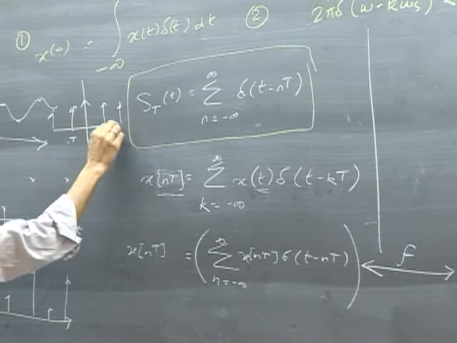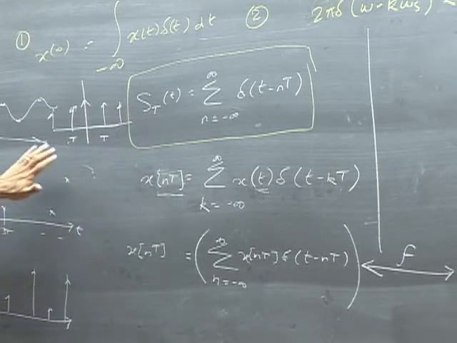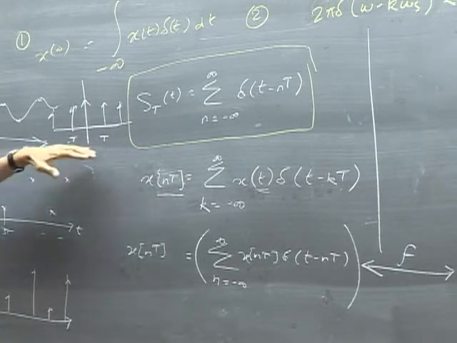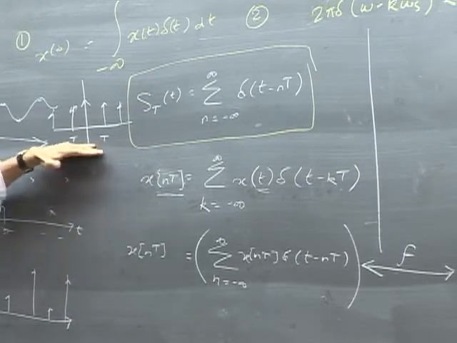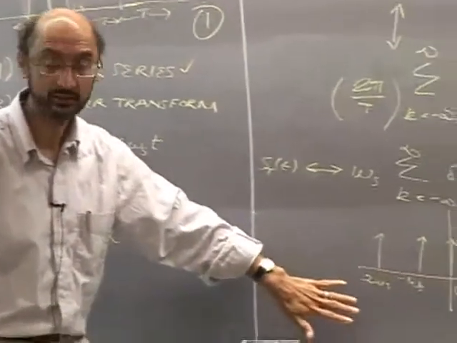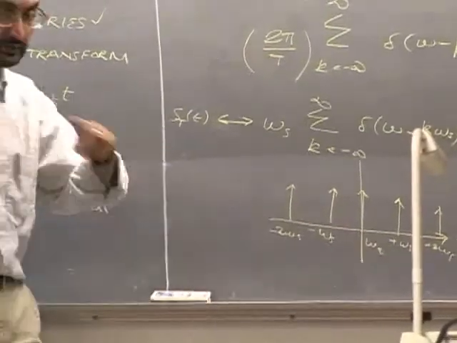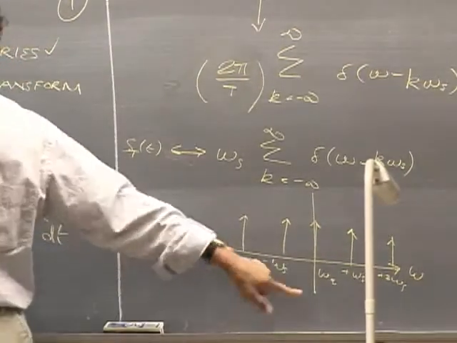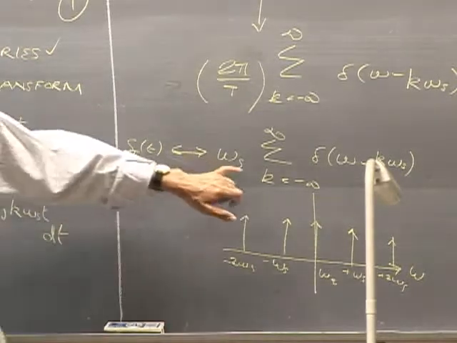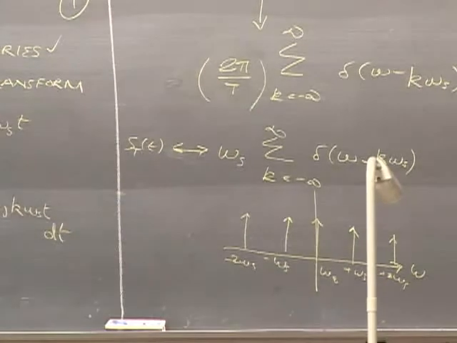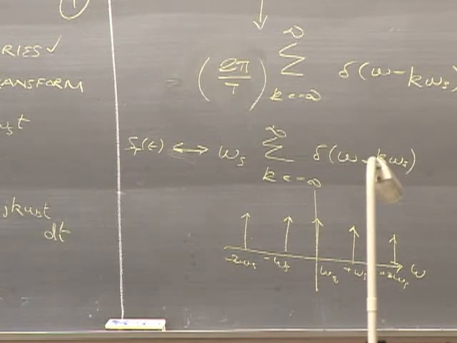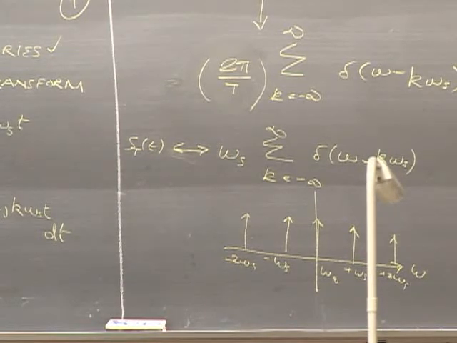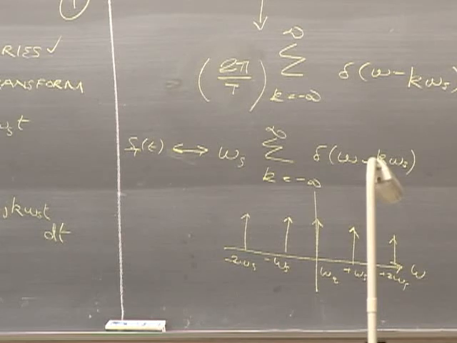This is plus t, minus t, etc. And what we've shown is that the impulse train in the time domain corresponds to an impulse train in the frequency domain, where the time value t gets transformed into the frequency value omega s, which is 2 pi by t. Okay, and there is a multiplicative factor omega s, which is a constant factor. It's a scale. But what we're saying is impulse trains go to impulse trains. Okay, that's this thing over here. So it's a very nice symmetric result.